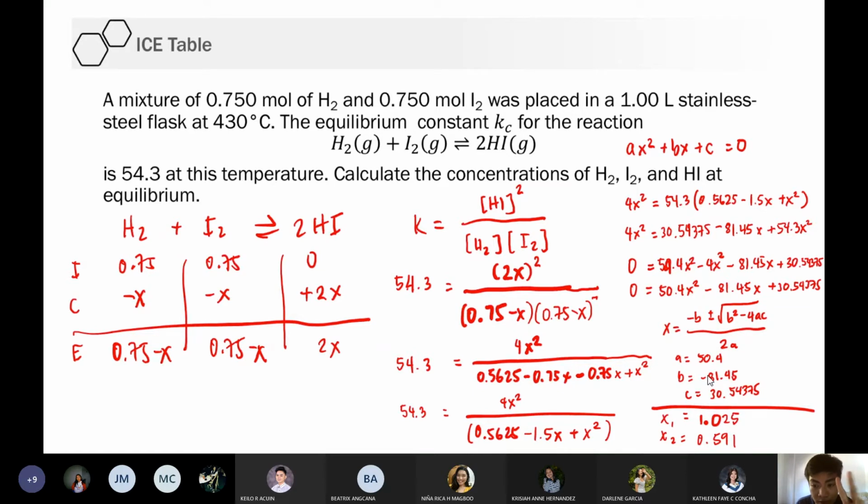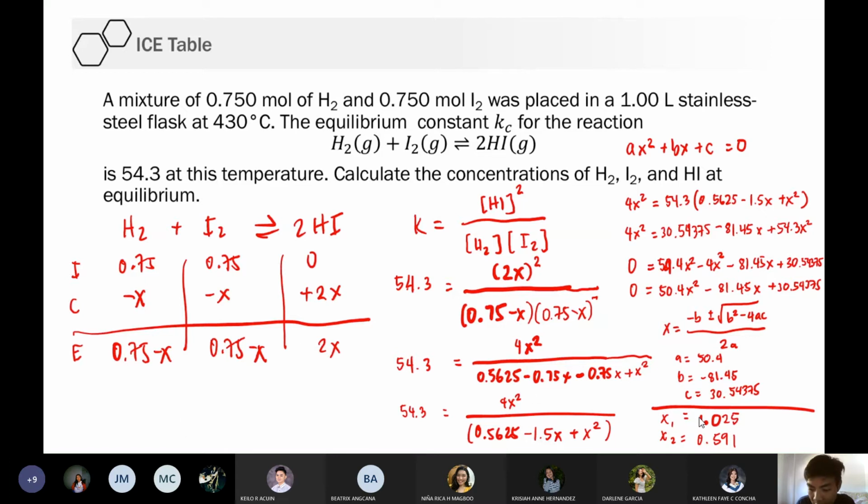Your x value must always be less than your initial concentration. Because if it is greater than your initial concentration, then you will get negative equilibrium concentrations, and that doesn't make sense. We do not have negative concentrations at all.